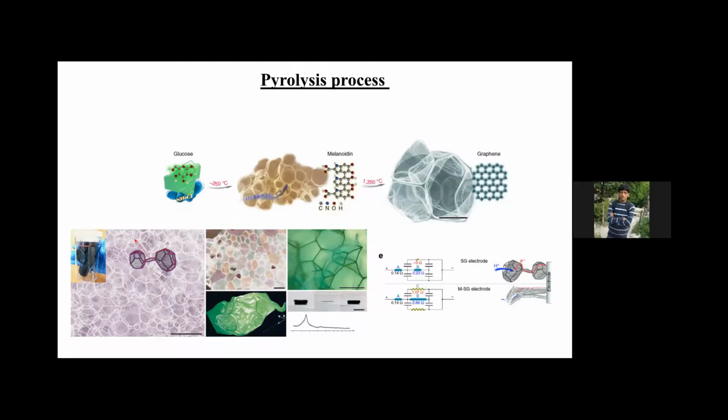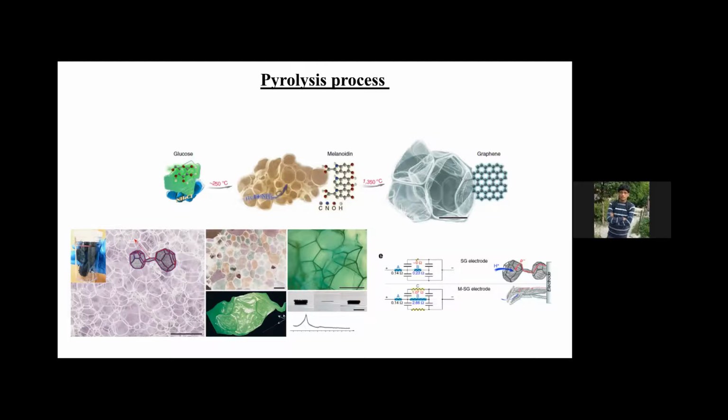After that, we need different hydrothermal reactions and other chemical reactions to get the porous graphene or porous graphene nanosheets, or whatever kind of structure we need. But in the case of the pyrolysis process, this is a simple process.